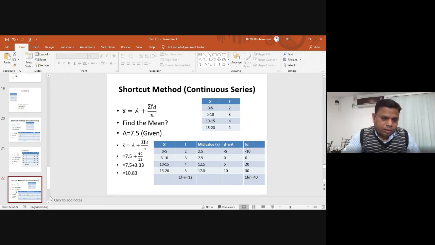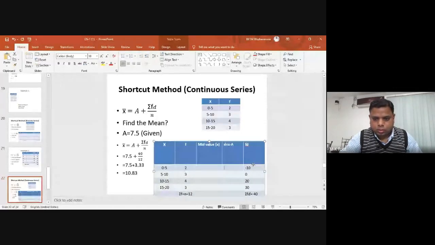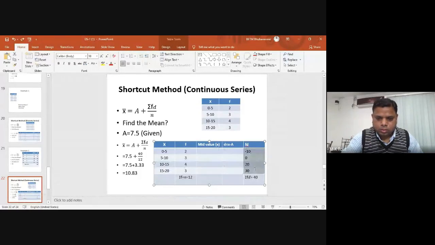Moving to the next one, try to solve here. I'll just add another one and eliminate this one. Try to solve here. Just note down these particular things.